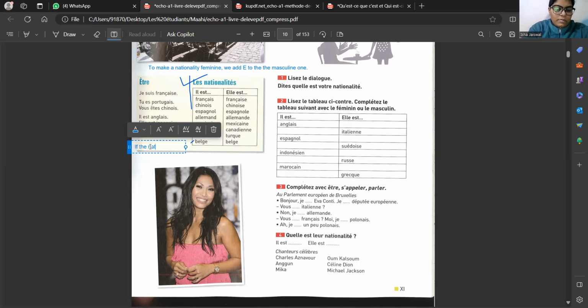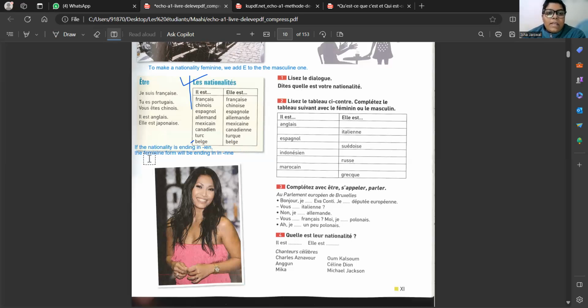If the nationality is ending in ien, the feminine form will be ending in double n e.